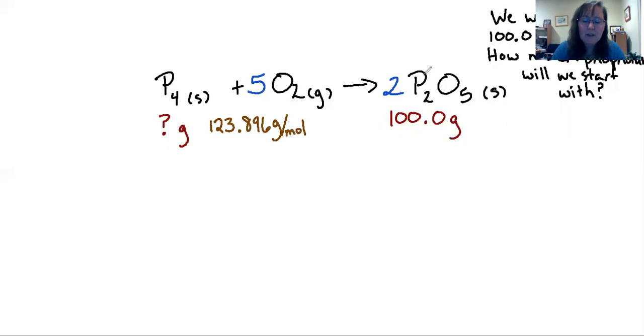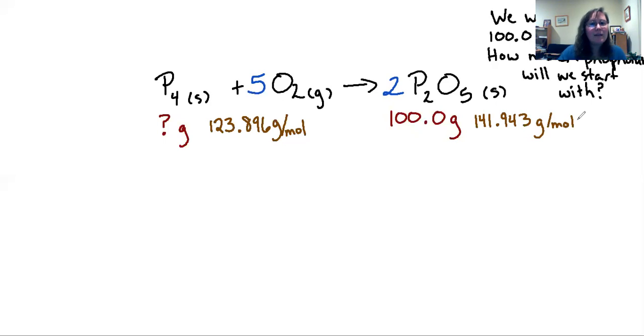Then I come over to my P2O5, and that's 2 phosphoruses, so 2 times 30.974 plus 5 oxygens, 5 times 15.999. And what I get here is 141.943 grams per mole.